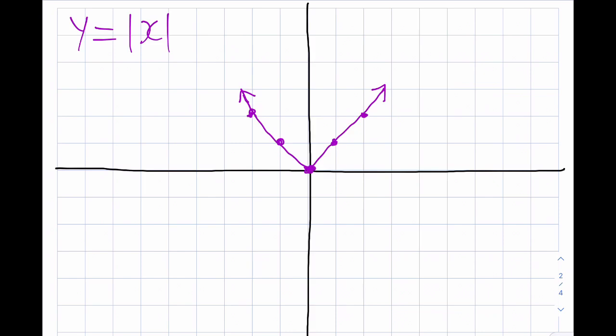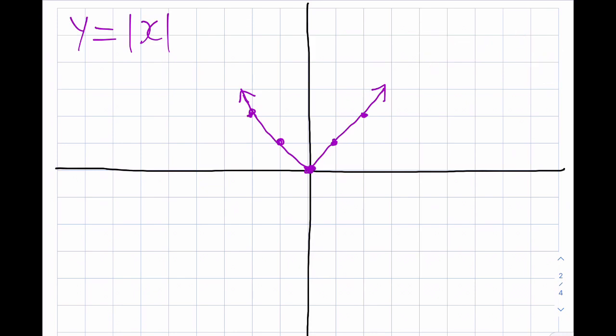Alright guys, now let's vertically stretch this function by a factor of 2. So how we do that is, remember guys, when we vertically stretch a function, we put a number in front of f of x. In this case, the f of x is the absolute value of x.